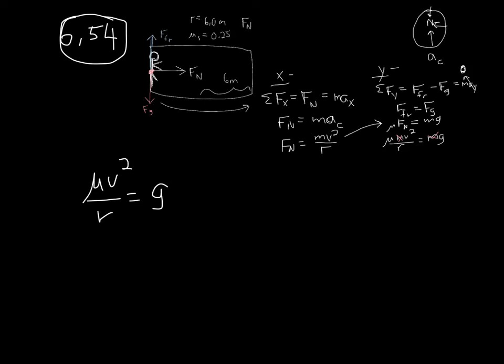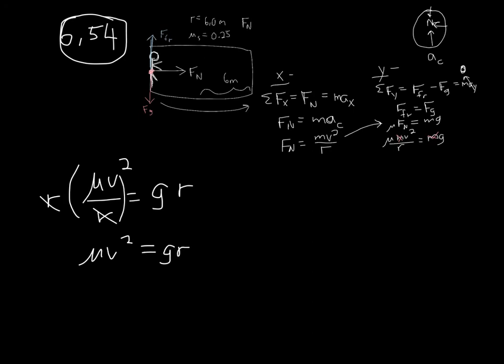I'm looking for the velocity that this thing is spinning at, how fast it has to spin so that this person doesn't fall out. How do I solve this for v? So I've got to do algebra again, multiply both sides by r. That gets rid of my r on the left-hand side. I get mu times v squared equals g times r.